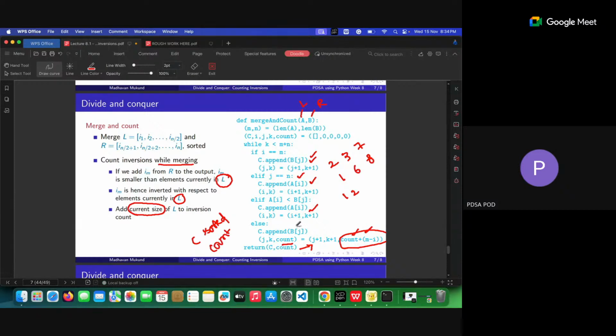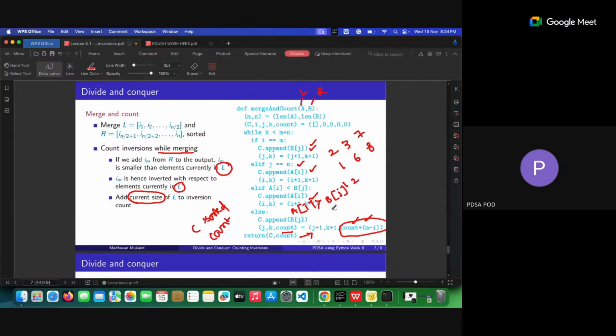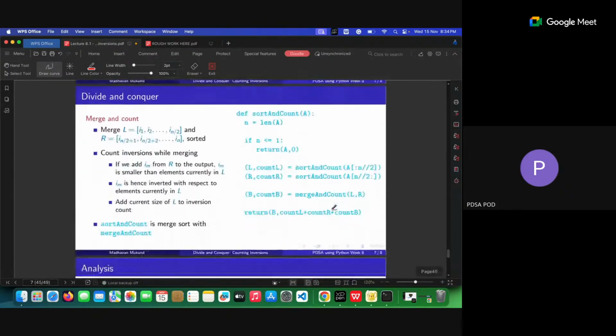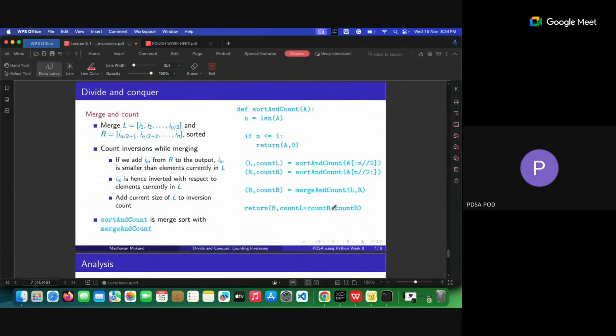The inversion happens if and only if A of I is greater than B of J, where B is the right partition. So whenever the left partition has a bigger value than the right partition, it is an inversion. Look here: merge and count receives the 2 halves.